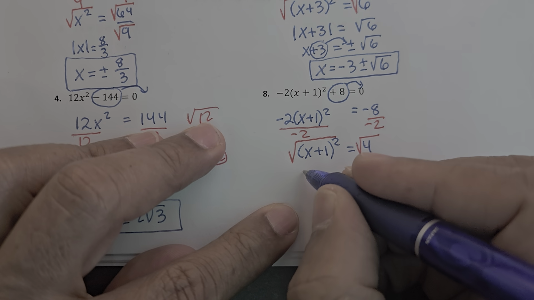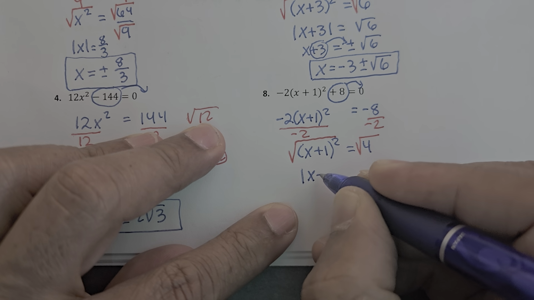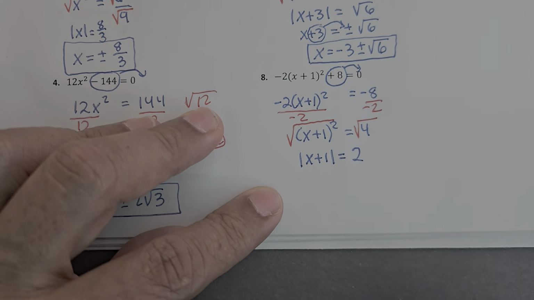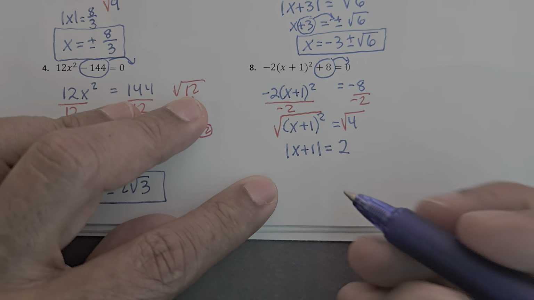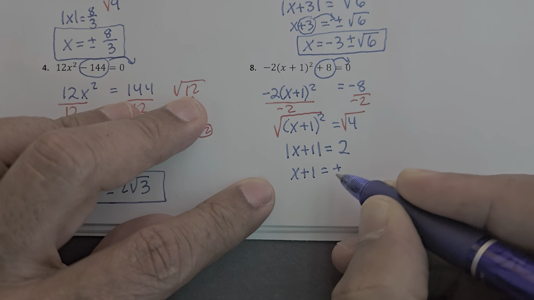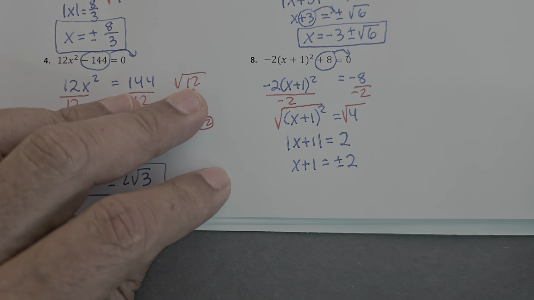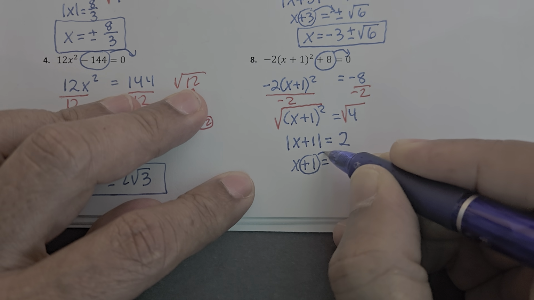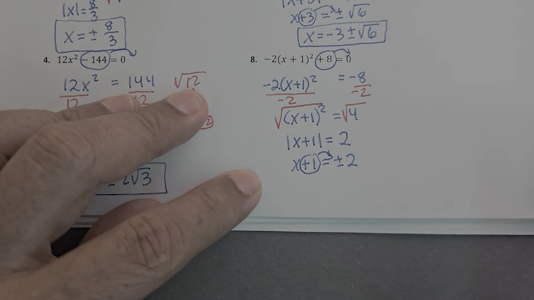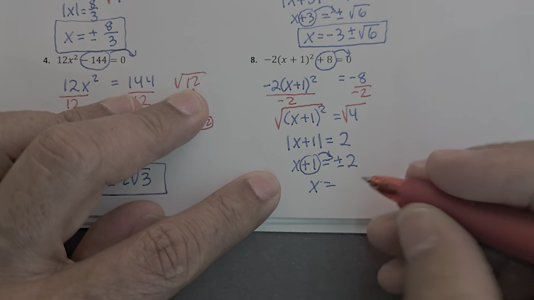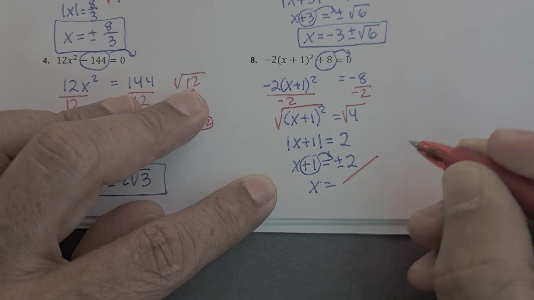So then that gives us the absolute value of x plus 1 is equal to 2. Then let's remove the absolute value. So then x plus 1 is equal to plus or minus 2. And then we move this 1 to the other side, so it becomes minus on this side. So x equals, this has two solutions, and they're just going to be numbers.